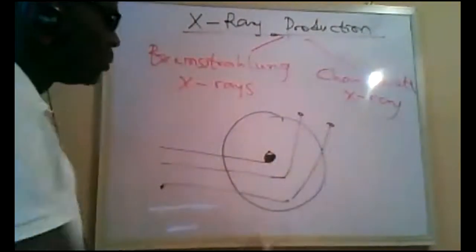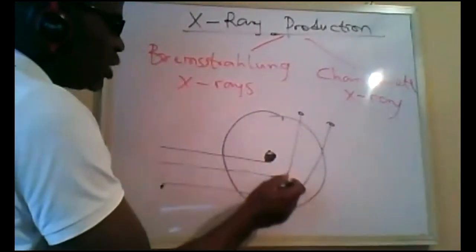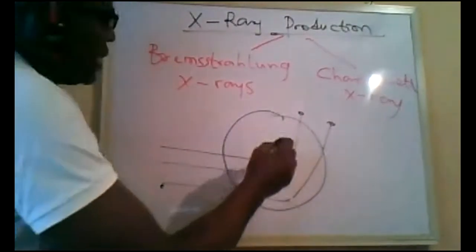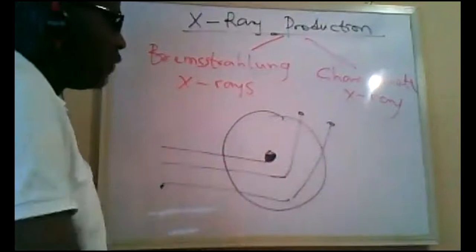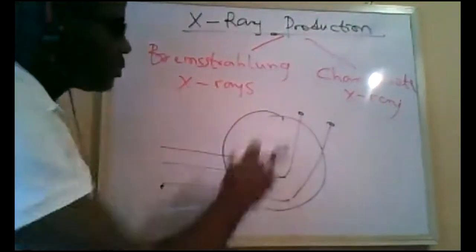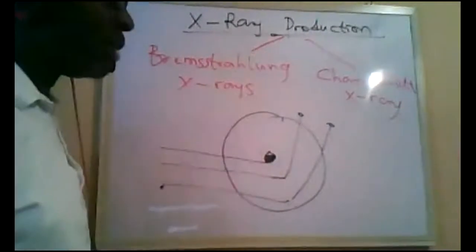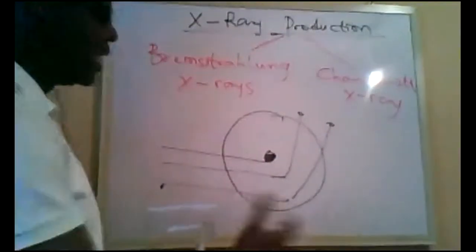This one will have low energy, this one medium energy, whereas the one that impacts the nucleus will give off all its energy to the nucleus. And this happens for a very limited amount of time during interaction.